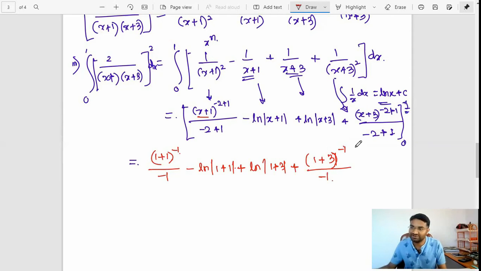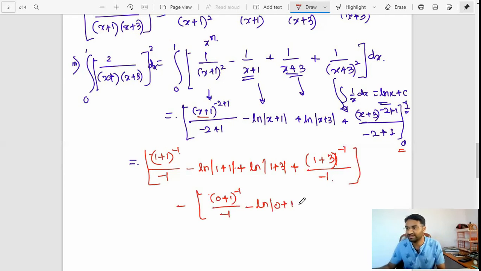Okay, this is the first part. Then next, minus, you have to put 0 now, that is 0 plus 1 raised to negative 1 divided by negative 1, ln of 0 plus 1, then plus ln of 0 plus 3, then plus 0 plus 3 raised to negative 1 divided by negative 1.